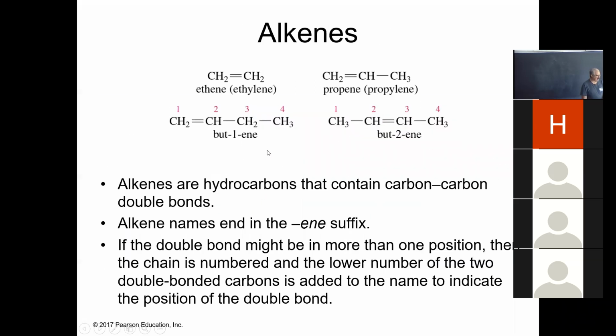The suffix -ene indicates an alkene, and then the 1 indicates that that double bond is between 1 and 2. For but-2-ene, the double bond is between 2 and 3. Okay, so these are referred to as positional isomers. Isomers have the same molecular formula, the same molecular weight, but a different structure.